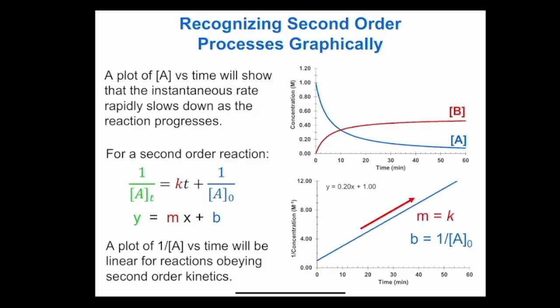If I do that, I now get a straight line, but with what kind of slope? It's a positive slope. So once again, if you just had these values, and this is something you may have actually done, if I've measured concentration of A, log A plotted against time, negative slope, it's first order. 1 over A against time, if I plot it, and it's a straight positive line, that's a second order process in this simple form, okay?